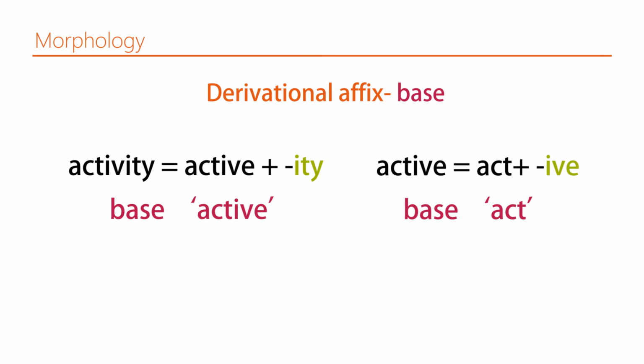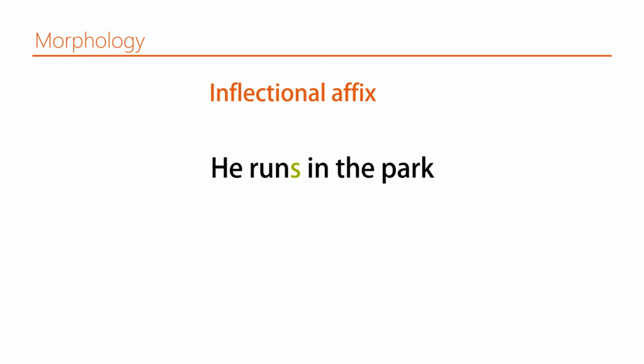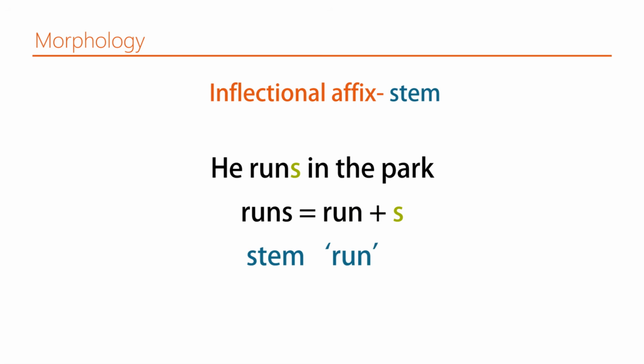But now you might say, okay, what is the example of an inflectional affix? For example, if I say "he runs in the park", here you see we have an inflectional affix. So here we would talk about the stem. We wouldn't usually talk about the base. So let me give you more examples about stem and root.